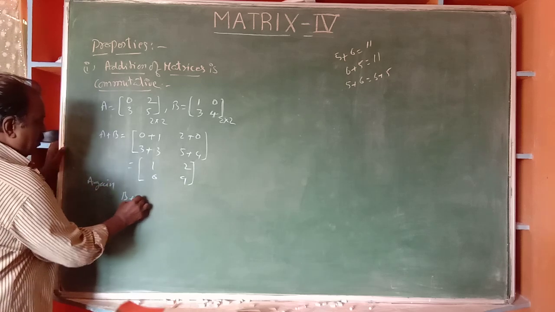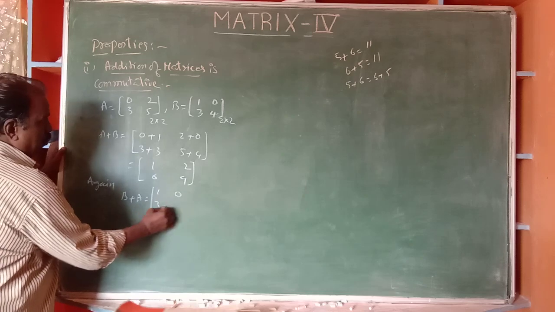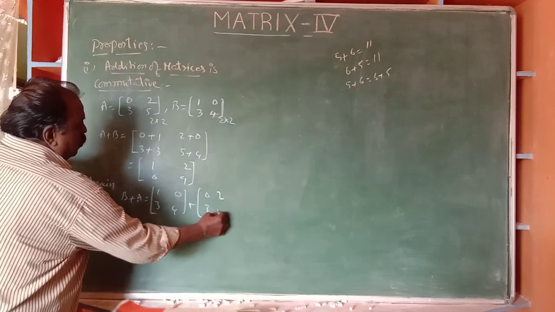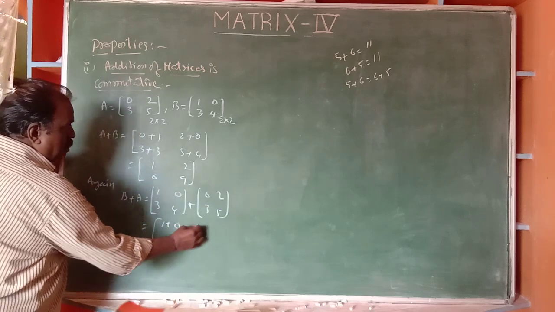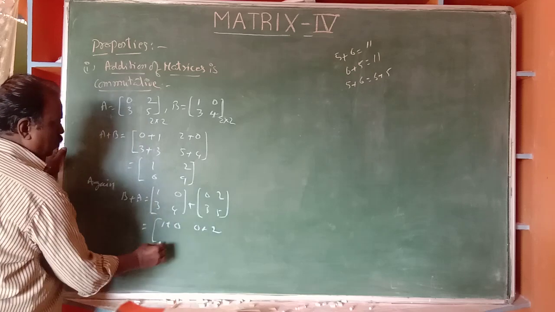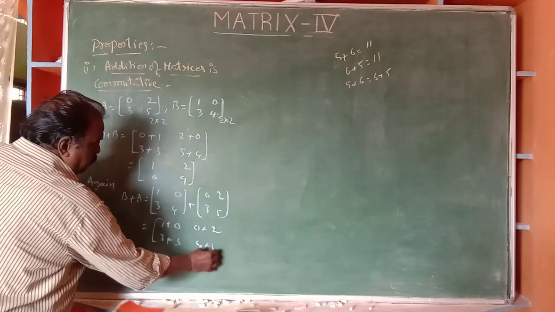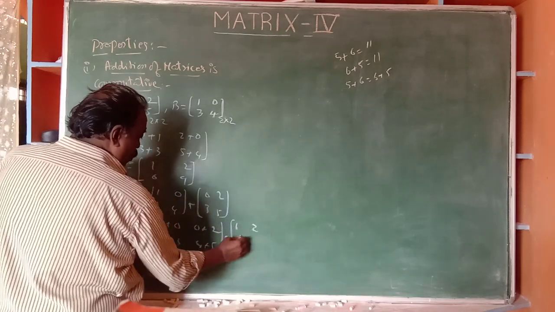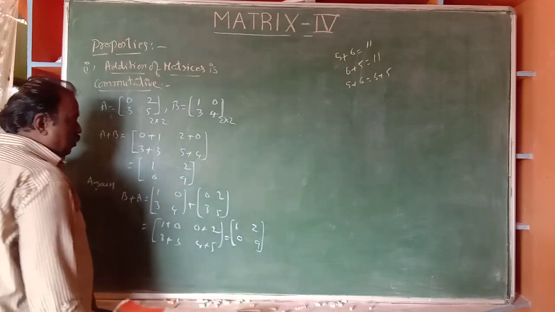B plus A, you assume. It is 1, 0, 3, 4 plus 0, 2, 3, 5. It is 1 plus 0, 0 plus 2, 3 plus 3, and 4 plus 5. Here also it is 1, 2, 6, and 9.